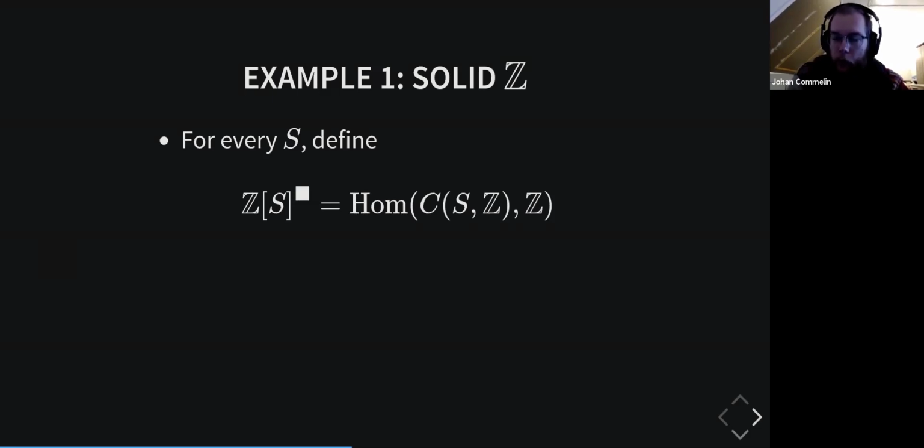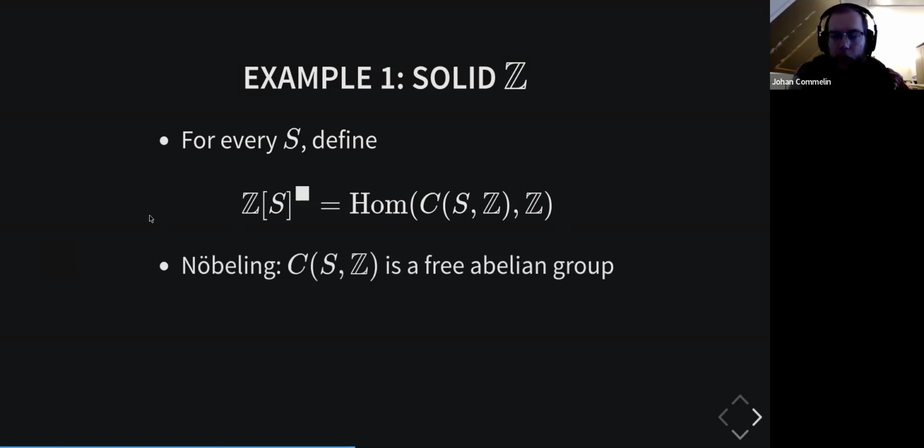To every such indicator function, you have to assign an integer, which we think of as the measure of this Clopen subset. Then you have to assign to every continuous function such an integer valued measure in a linear way. That's why you can think of this as a space of integer valued measures.